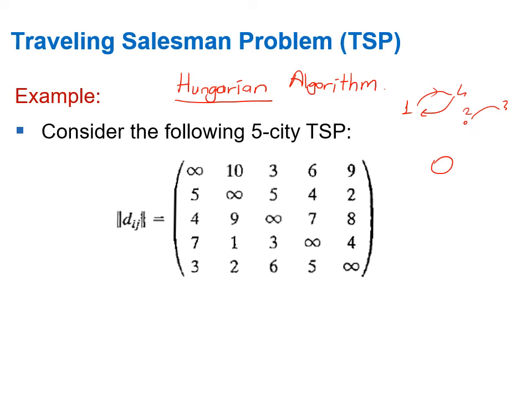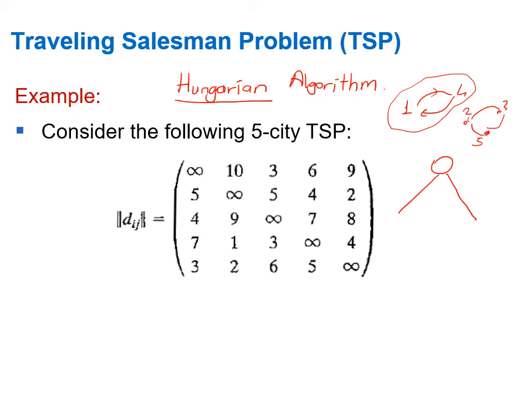Now we are going to branch, and we said that when you have two subtours or more than one subtour, select the one with fewer cities, which is this one.